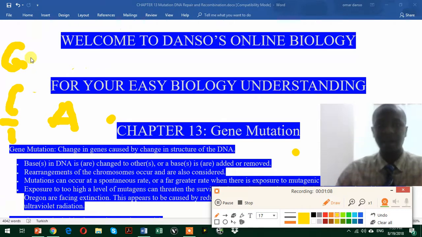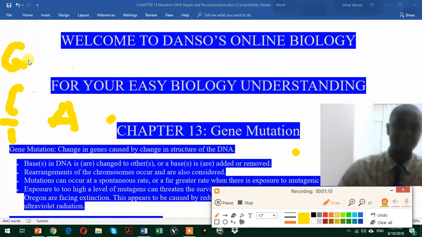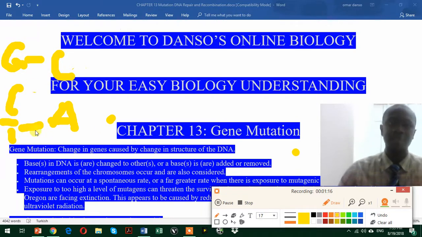They will align in a very specific manner. That is, G and C will always align, and T and A will always align. So they will bond. Thymine and adenine will be bonded by a hydrogen bond, and guanine and cytosine will also bond by a hydrogen bond.